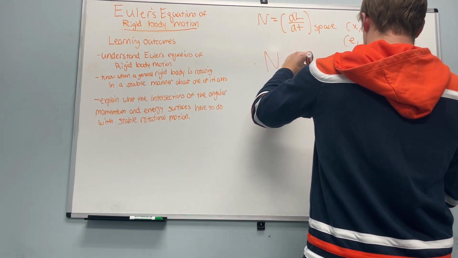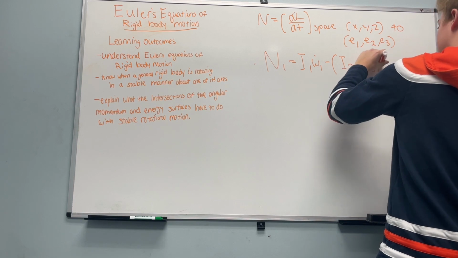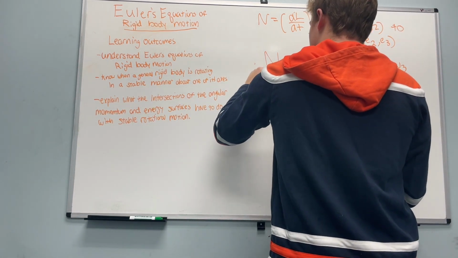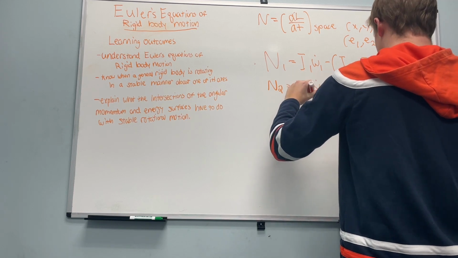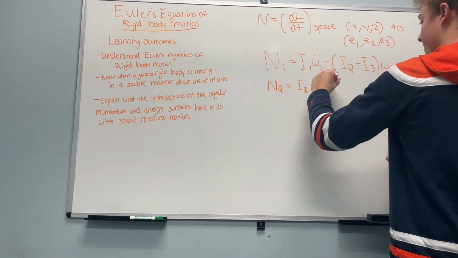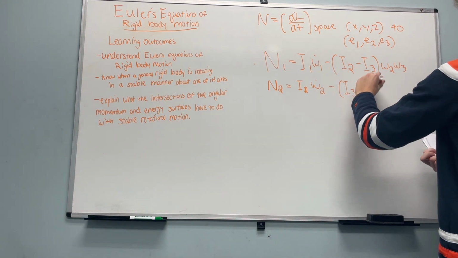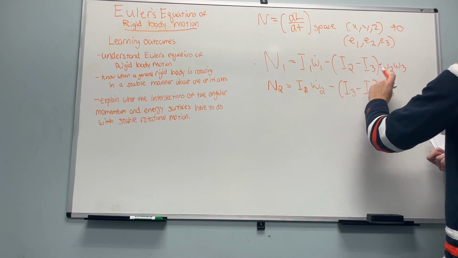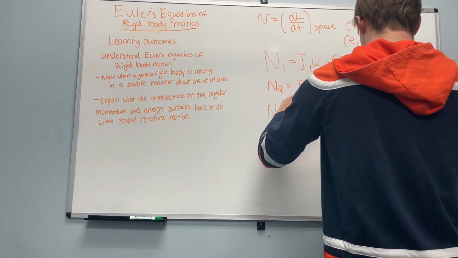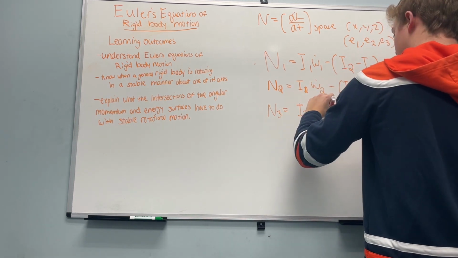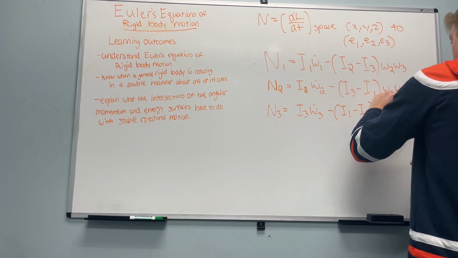N1 equals I1 omega 1 dot minus (I2 minus I3) times omega 2 omega 3, and N2 equals I2 omega 2 dot minus (I3 minus I1) times omega 3 omega 1, and the last one, N3 equals I3 omega 3 dot minus (I1 minus I2) times omega 1 times omega 2.